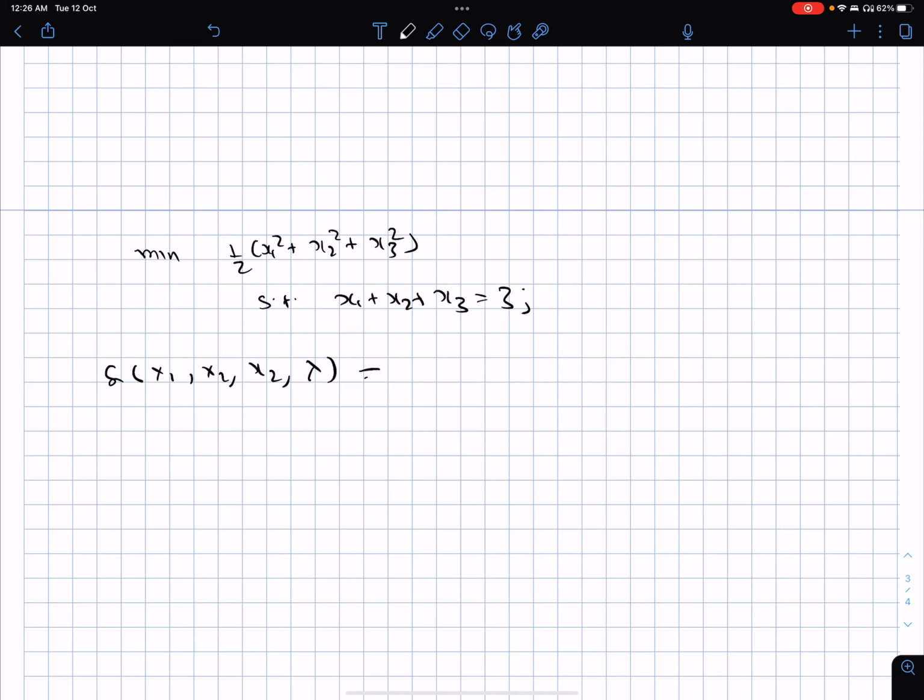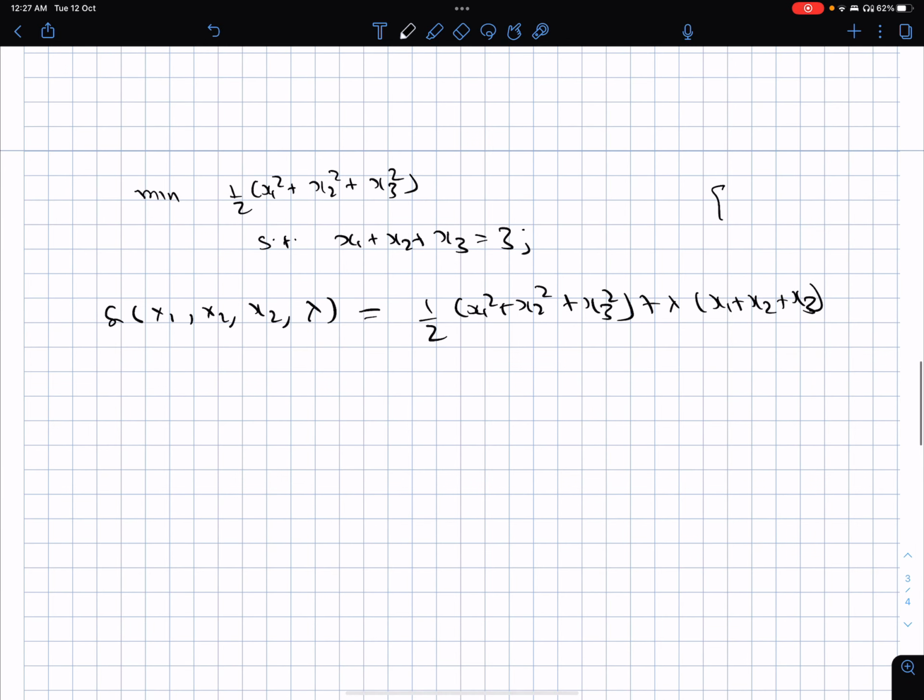I write the Lagrangian function to minimize. Again, there is only one constraint, and its gradient is non-zero. So what is the gradient? It is 1 1 1 transpose, which is non-zero.